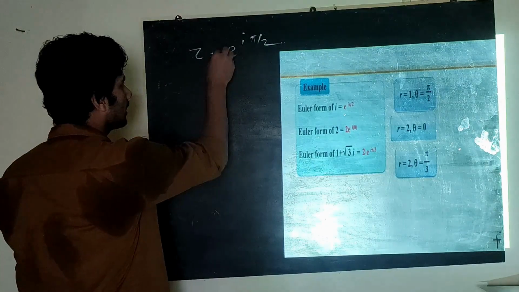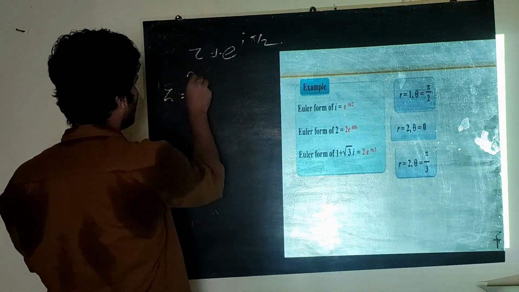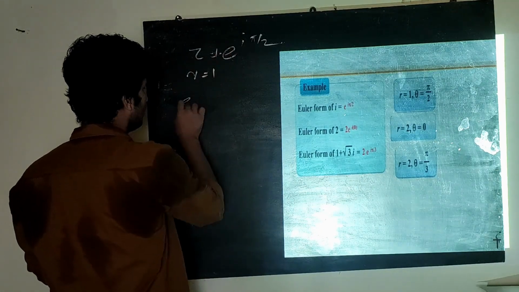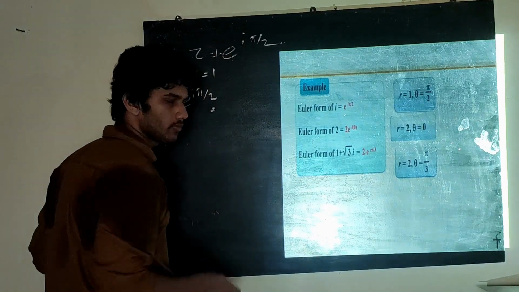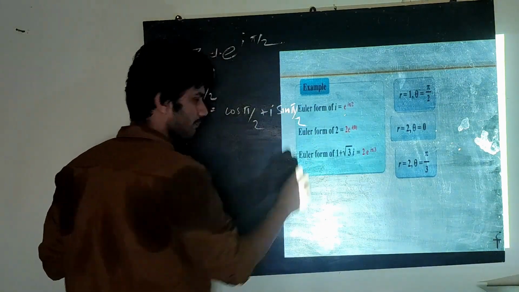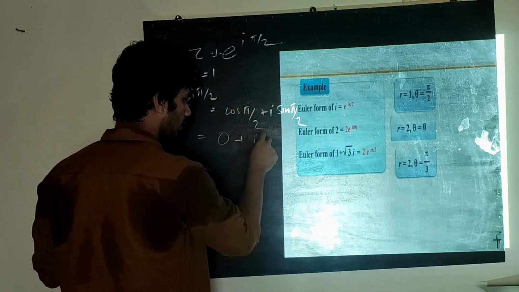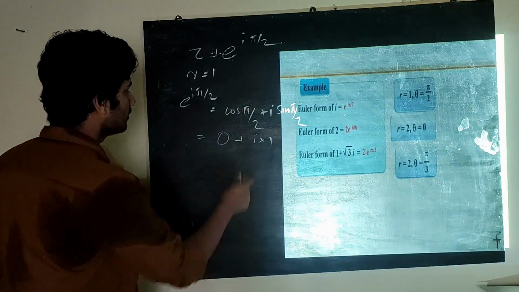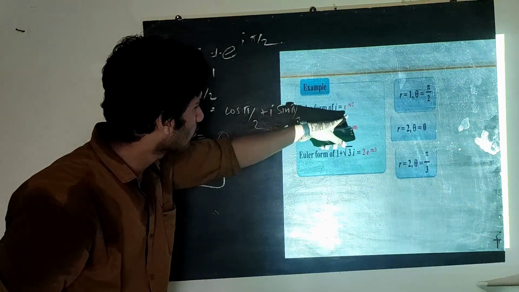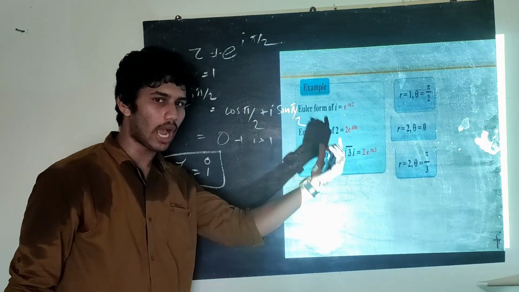Here it's actually 1 into e raised to i pi by 2, so r is equal to 1. e raised to i pi by 2 is equal to cos pi by 2 plus i into sin pi by 2. Right? Cos pi by 2 is 0, and i sin pi by 2 is i into 1. So simply z is equal to i. That's why I wrote i is equal to e raised to i pi by 2.